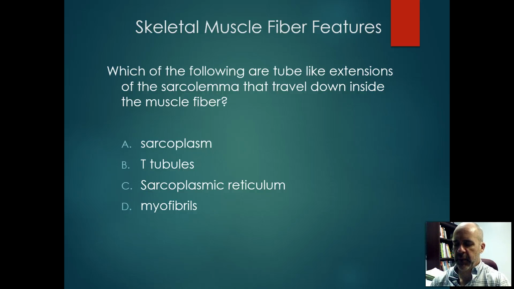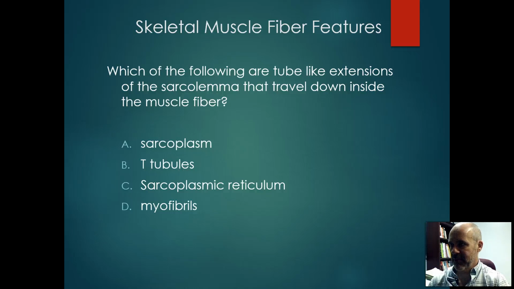All right, which of the following are tube-like extensions of the sarcolemma that travel down inside the muscle fiber? And this is not a select all that apply. We've just got one right answer. So again, lots of lingo. If you have not learned the basic terminology, all of this is going to sound like you're taking a test in Spanish.